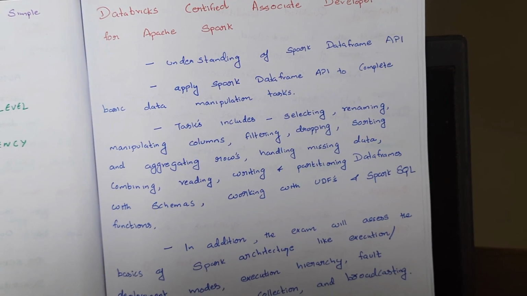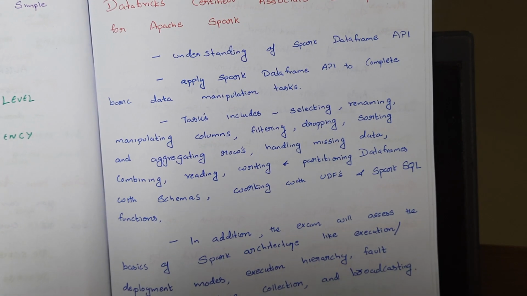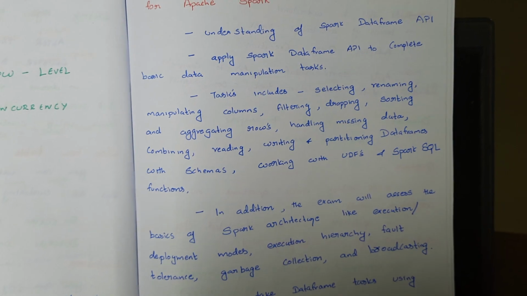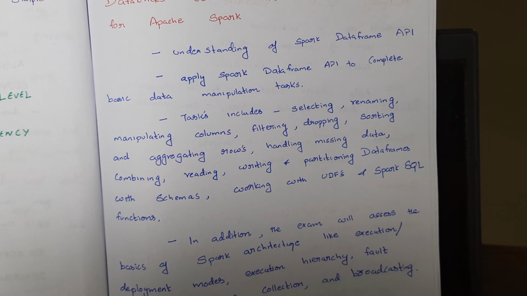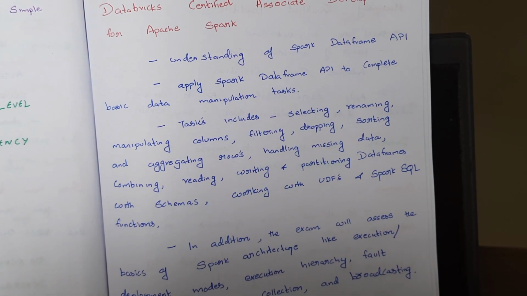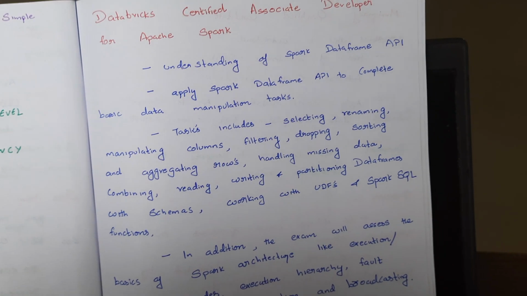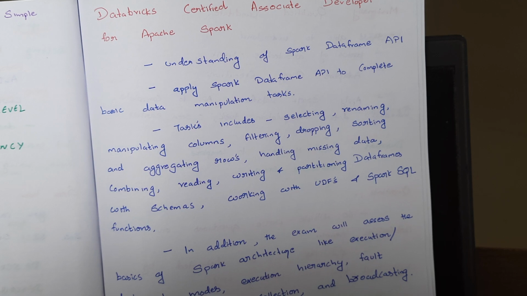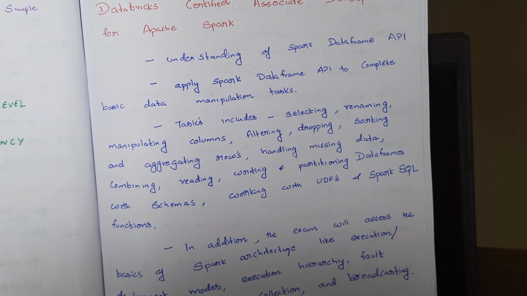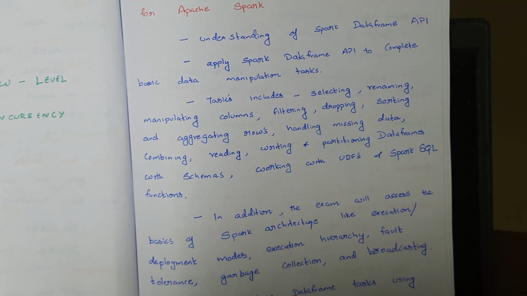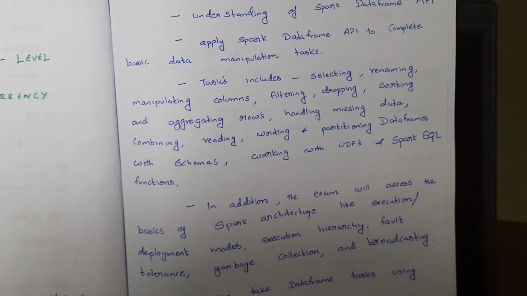Let's say a column is missing, you need to populate it with some default values. Combining DataFrames using union functions, and reading a DataFrame from a file. Let's say you have a CSV file, read the file as a DataFrame and write that DataFrame back to any location as a file, or write the data into a table. Partitioning DataFrames with schemas, like how to partition by on a DataFrame, and working with UDF functions and Spark SQL functions.